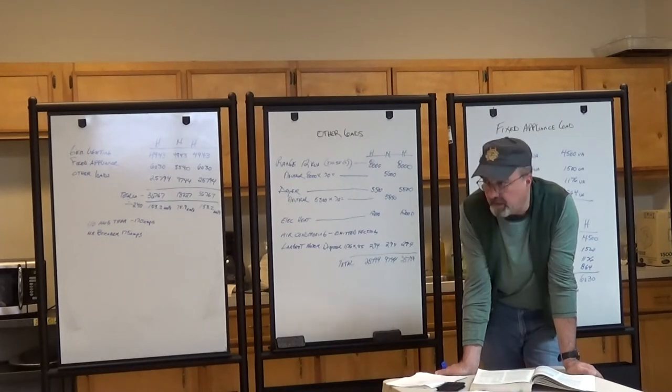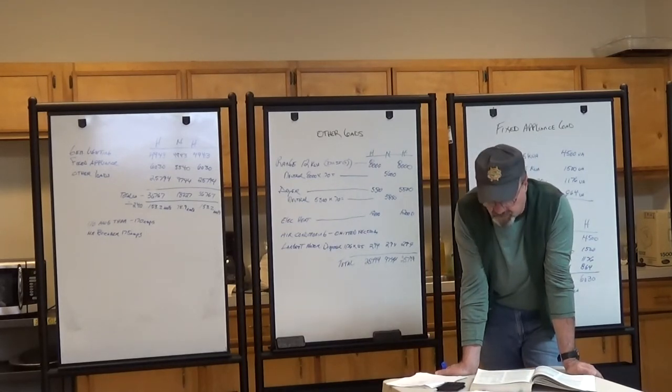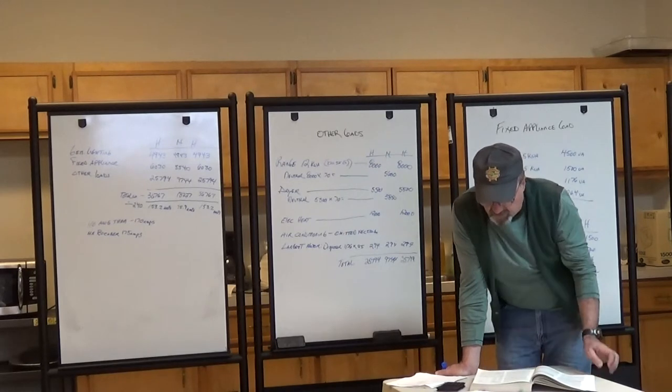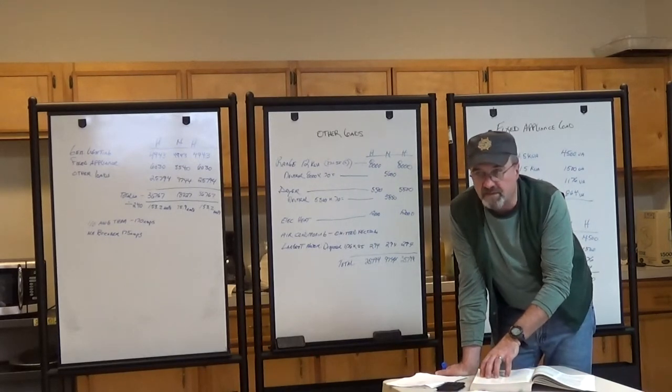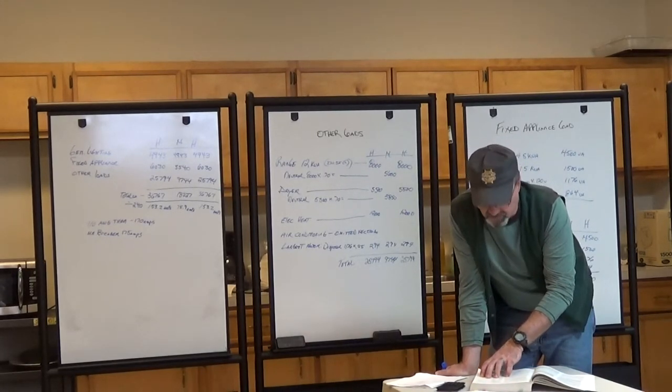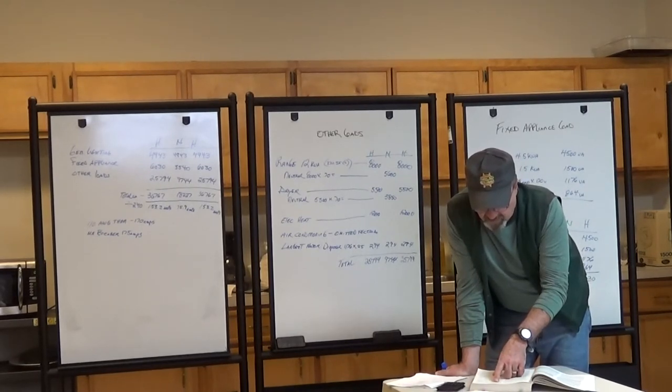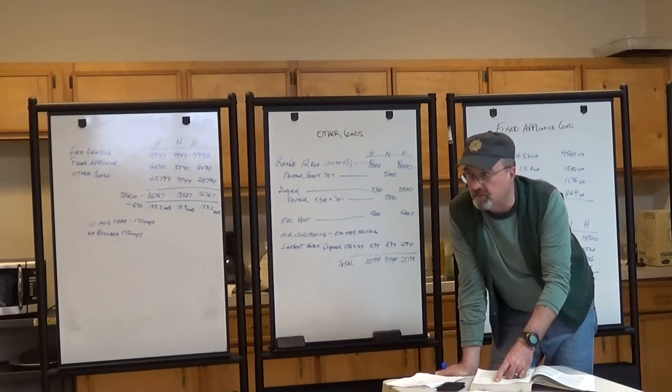So in (A) it says it doesn't have to be larger than number 6 AWG. But if you look at the table, at the top it says size of the largest ungrounded service entrance conductor.